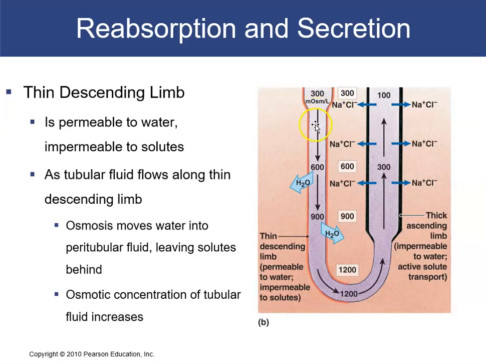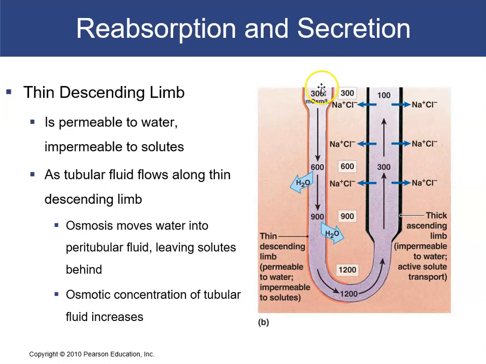Let's look at the thin descending limb first. The thin portion here is permeable to water, but not solutes. So water can leave, but any solutes are going to be trapped inside.